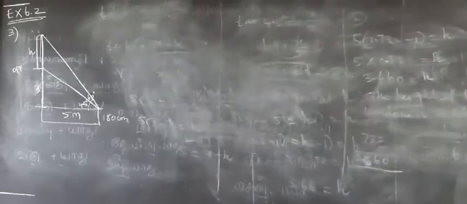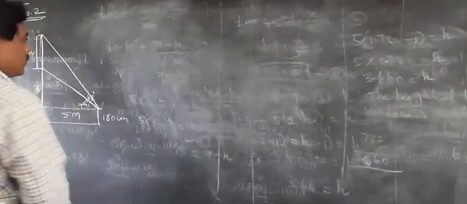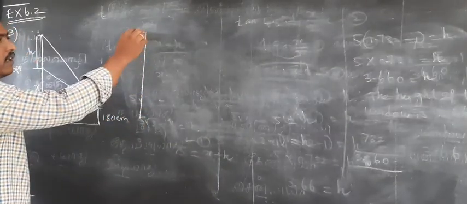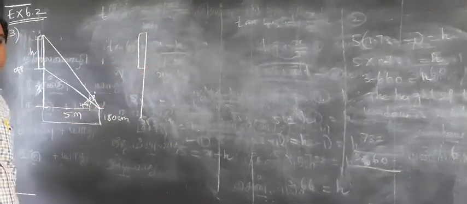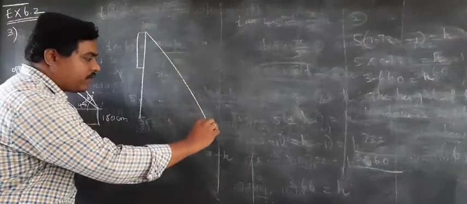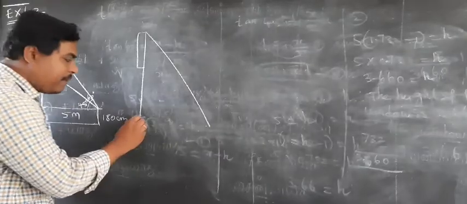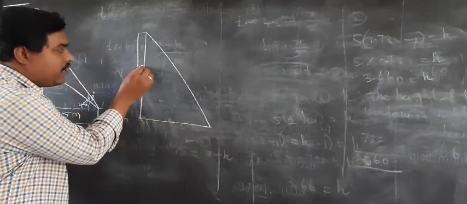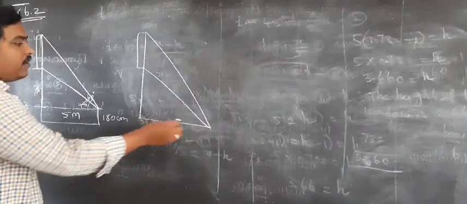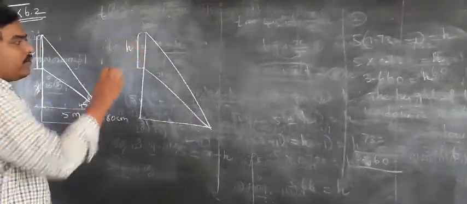So listen. Here one building is there. In this building, a window is there. One man is standing here and sees the top of the window. The same place the man is standing and sees the bottom of the window. So we need to find the height of this window.